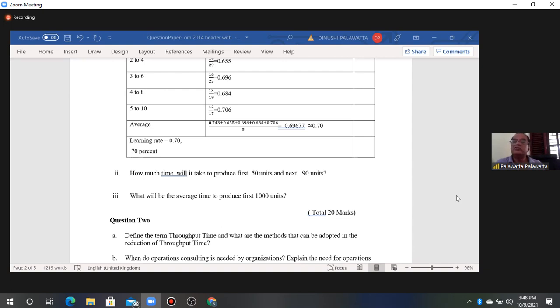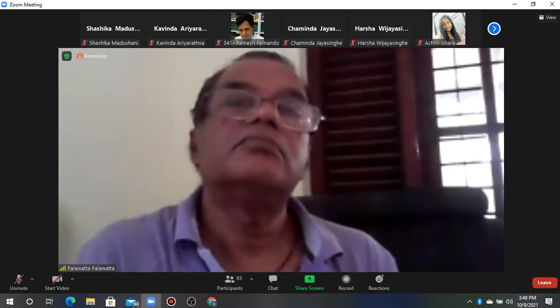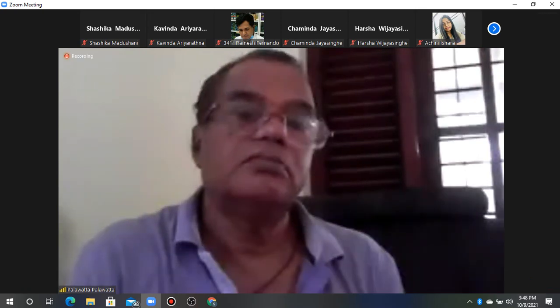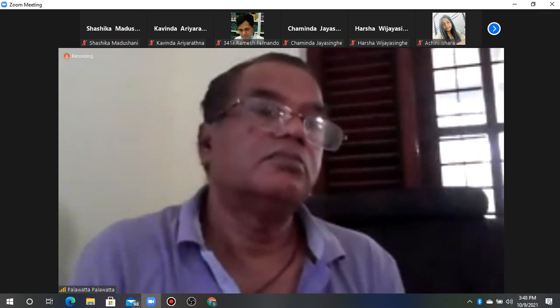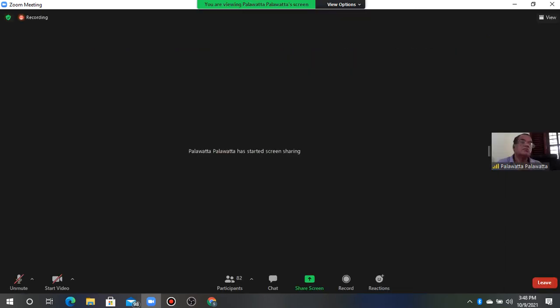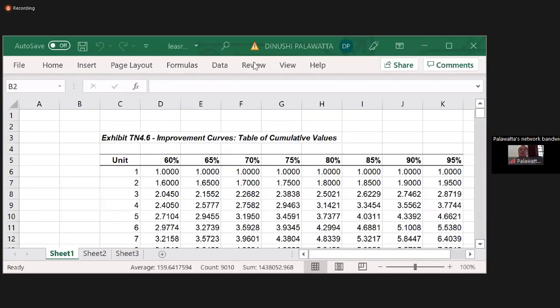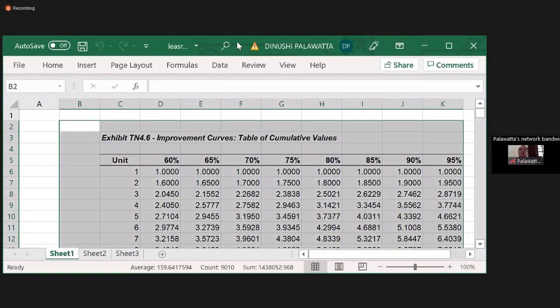For this, we need to use the cumulative table. Can you see the table? Yes, sir, we can see that.